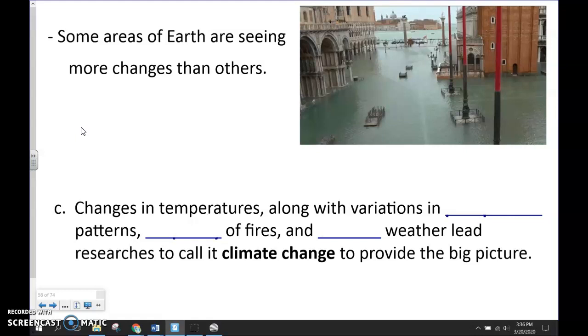So when we say sea level, it's right at sea level. Do they experience floods? Yeah. But they've been experiencing more floods and more severe floods in the past several decades than they've seen before. And this is a city that's been around since the 13th, 14th century. So they're seeing a lot of changes there.